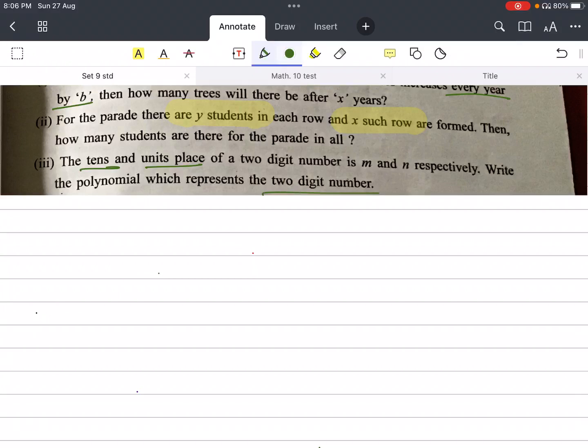Let's assume this is the tens place, this is the units place. So let's assume m for the unit place and n for the tens place.